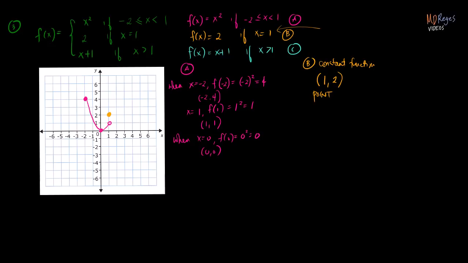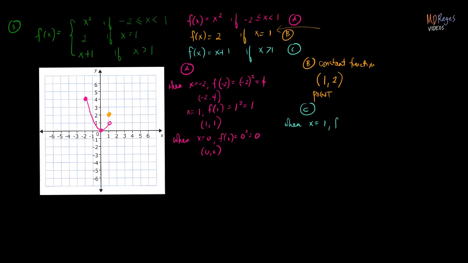Now, for c, if you may notice, c is a linear function. And we consider that linear function if x is greater than 1. Since we know it's a linear function, it will give us a line when we sketch its graph. So, to draw the line, again, we'll just be needing 2 points on the line. When x is 1, I'll take this number, 1, an endpoint of the interval.